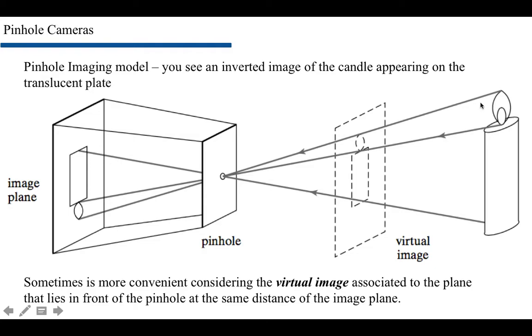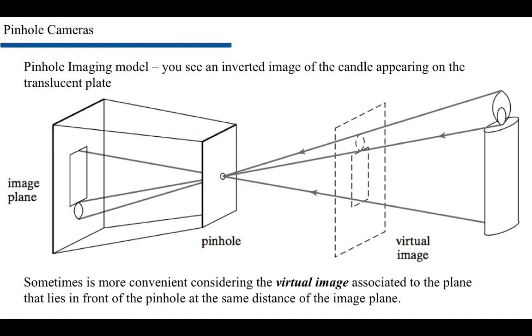As you can see here, the main characteristic of this kind of model is that we get an inverted image at the other side. It's very simple. We see some rays going from below here, and they are projected in the upper part because they are going through this small hole. So at the end we have an inverted image.